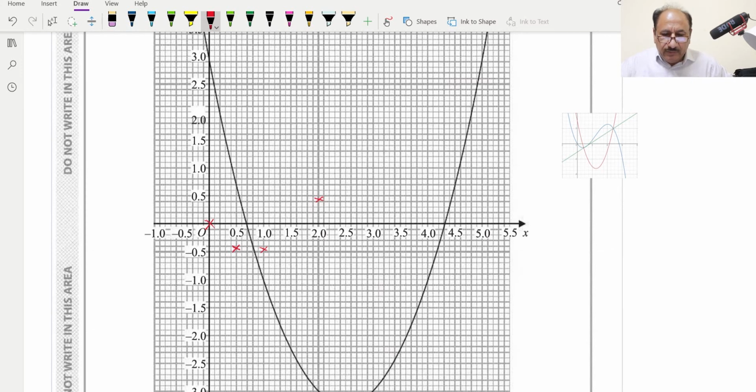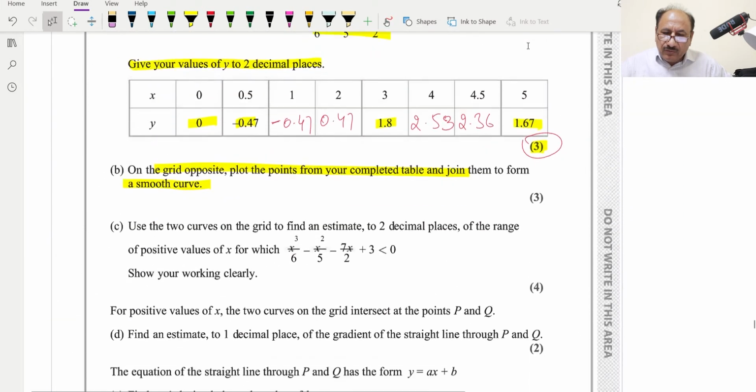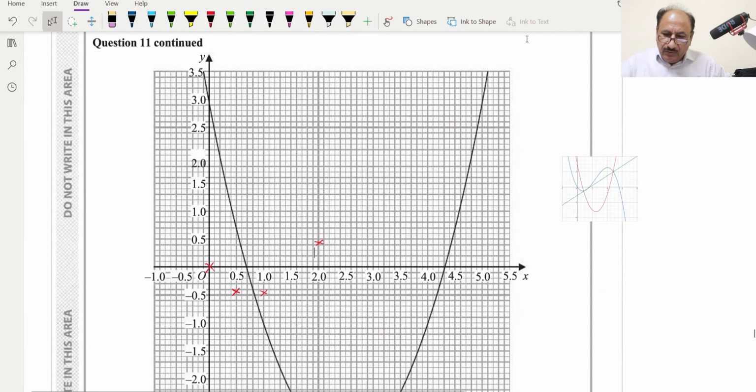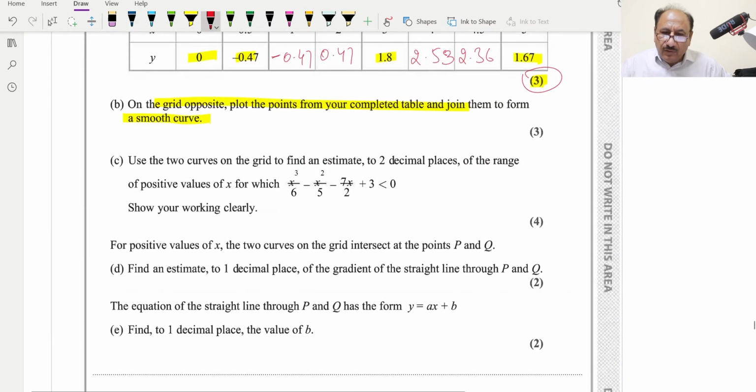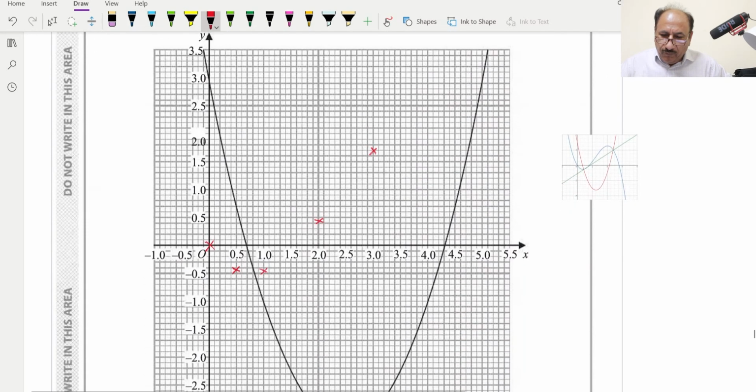Now we can find the next. For 3 it will be 1.8. So 1.8 will be this value for 3, and for 4 it is 2.53.